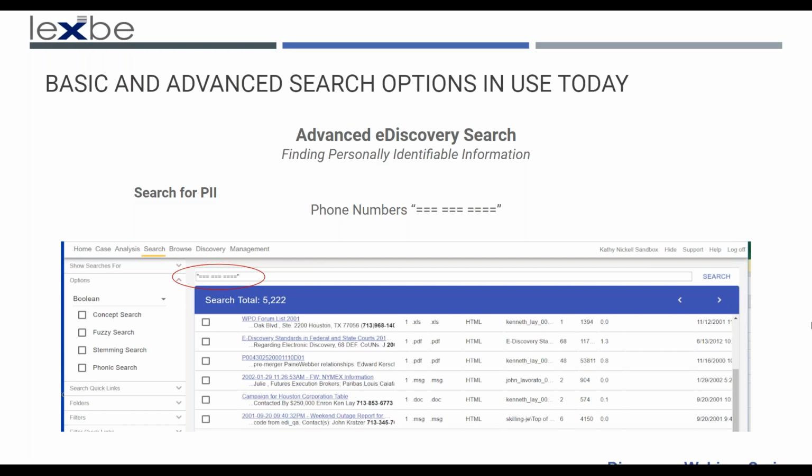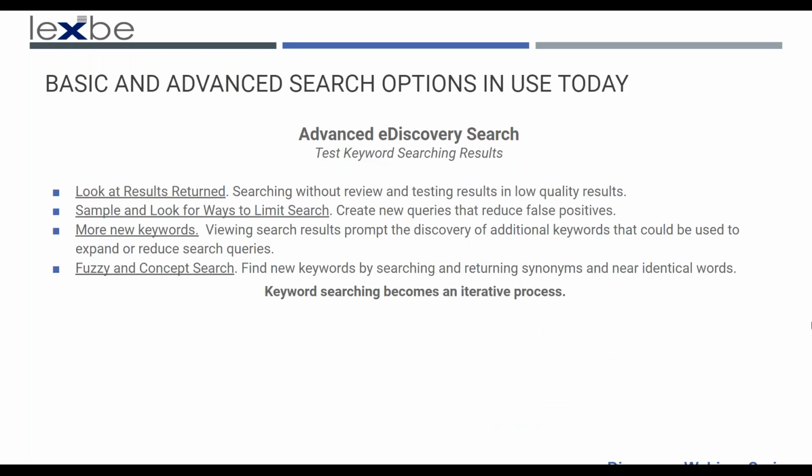When you're testing your keyword searching results, the first thing you want to do is look at the results that were returned. If you don't review your documents after you've done this first pass search, a couple of things are going to happen. You may have low quality results, meaning that you could have disclosed documents that are non-responsive, that are junk, or that are, God forbid, privileged because you only searched for one term.